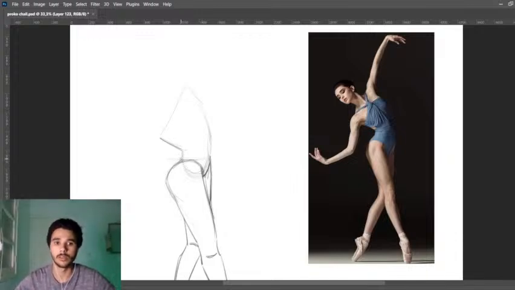Right? Now we have the chest. The chest is important here. So what we have is this, right?